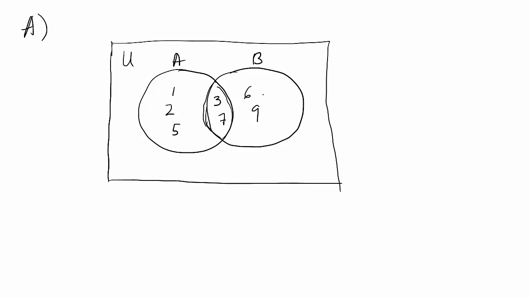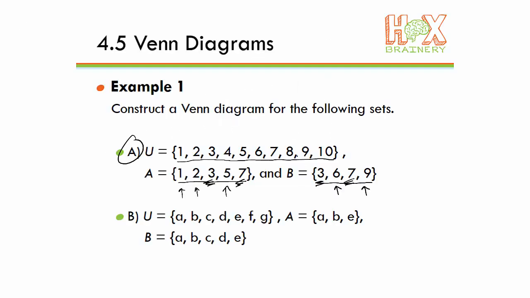Now, at this point, a lot of students will stop and move on to the next problem, but remember, you still have this region that's outside both of these circles, this region here, which is region 4, so you still have to do that. So we've included 1, 2, 3, 5, 6, 7, and 9.